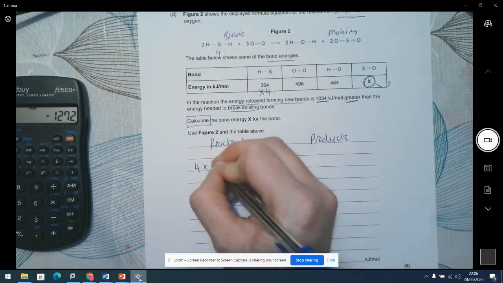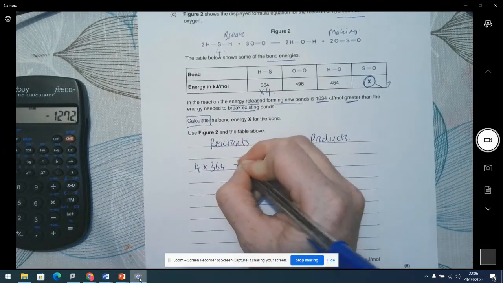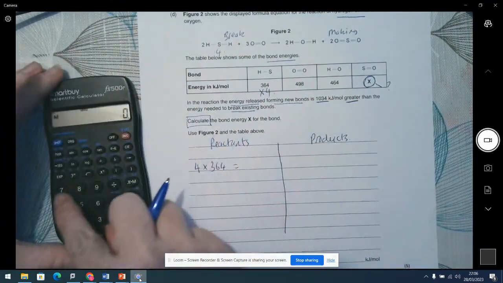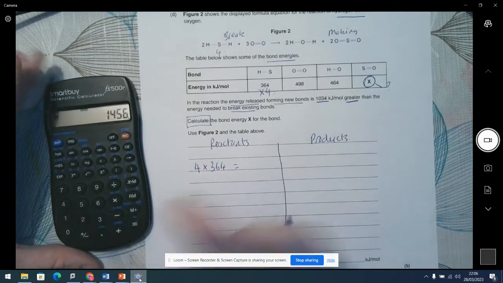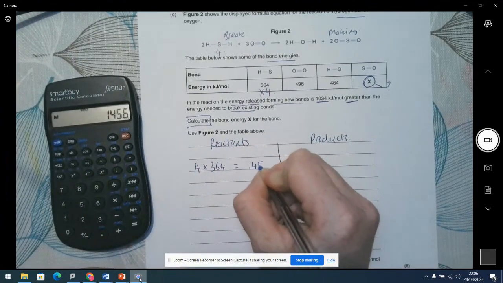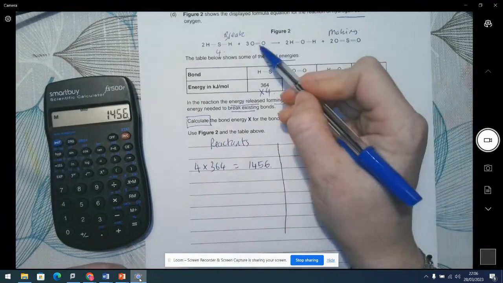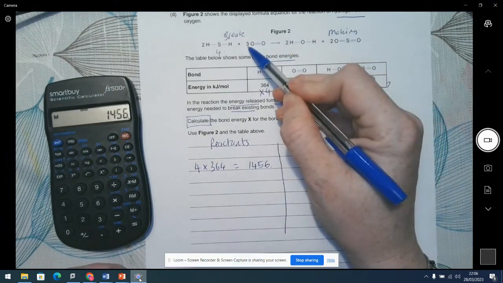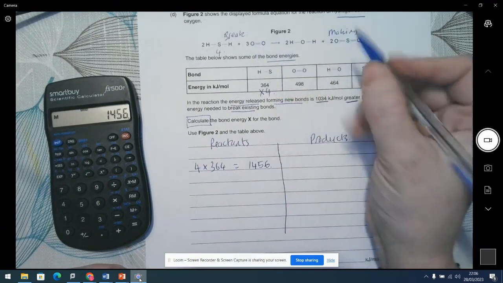So I would do 4 times 364, which equals 1456. Oxygen's quite straightforward because I'm just multiplying this one bond by 3.